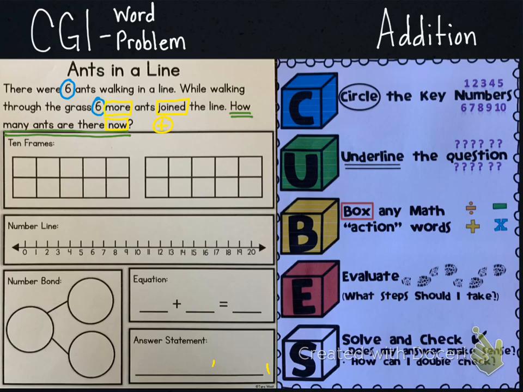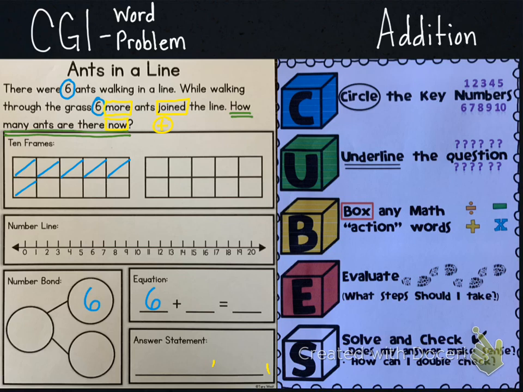The first tool we are going to use is our 10 frame. So we're going to take our first number, which is 6, and we are going to cross out 6 boxes. And I'm actually going to go down to my equation, and I'm going to put a 6 down here because that's a very important number. And in my number bond, remember the number bonds are the 2 numbers that we're adding together to make the big number.